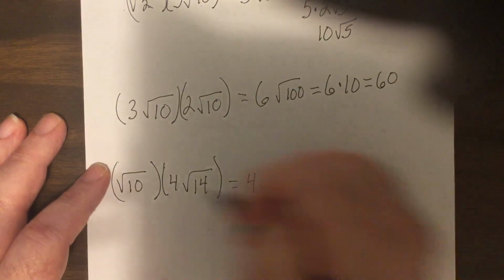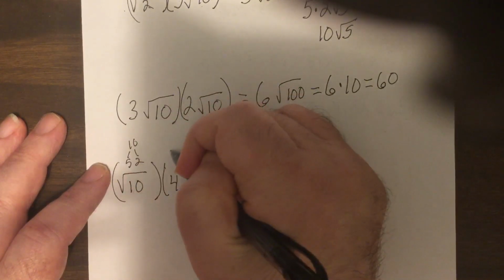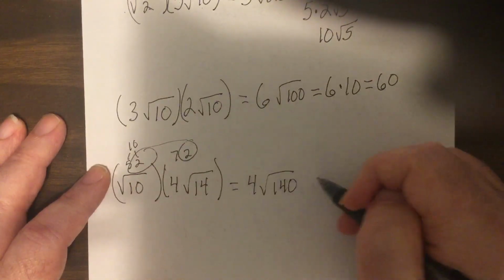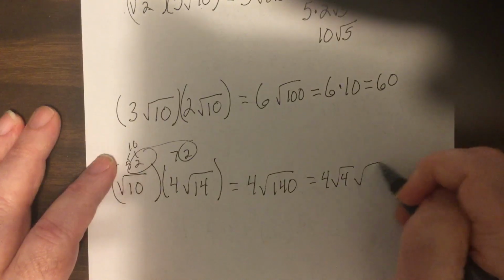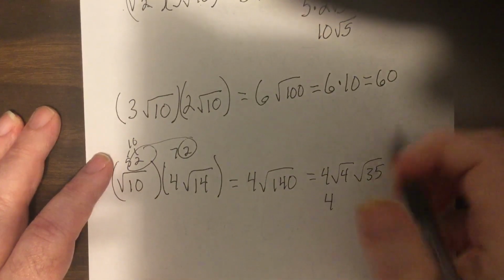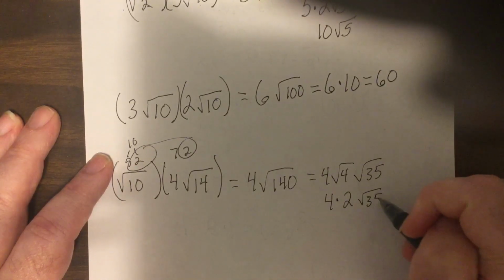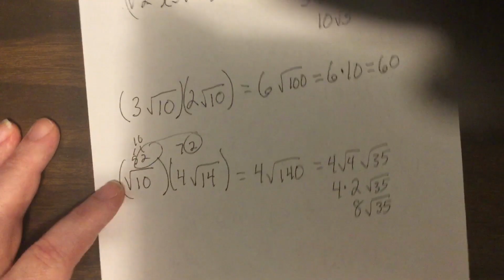Now again, since that's such a big number, 10 is 5 and 2. 14 is 7 and 2. Oh, there's 2 2s. I see 2 2s. So it'd be 4 square root of 4, and then 7 and 5's left over. Boy, that was a tricky one, Mr. Murphy. I know. So it'd be 4 times 2 square root of 35, which is 8 square root of 35.